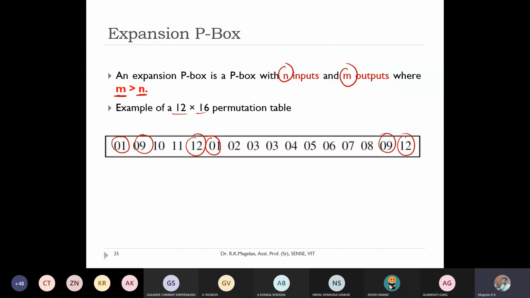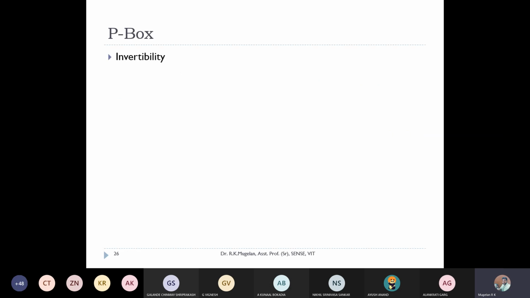expanded p-box, right? Sir, suppose we are using these types of p-boxes at the encryption end. What will we do at the decryption end to retrieve the data back? For that, every p-box which you choose should obey the property called invertibility. Whatever p-box you are going to use, if it satisfies invertibility, then you can perform the decryption part.